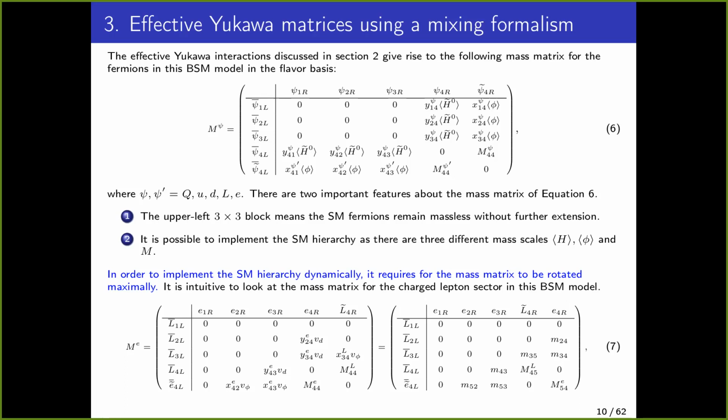Then, when writing the charged lepton mass matrix in the basis of equation 7, given that there is only one massless particle because of only two seesaw mediators, there is no way to couple the Z prime gauge boson to the first family of standard model charged leptons, because we don't have mixing with the first family.